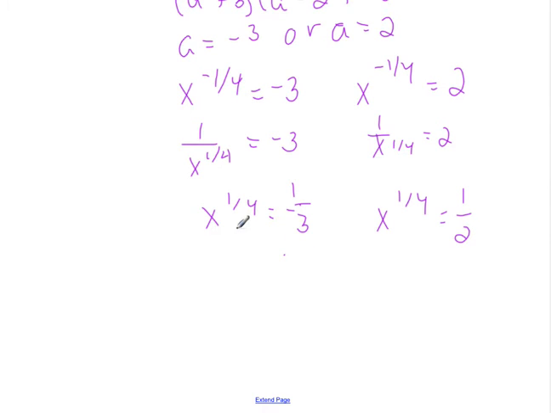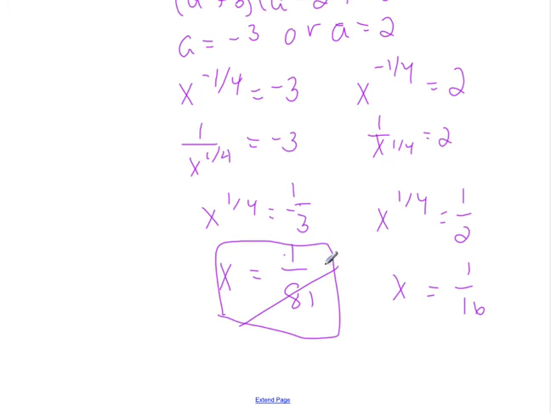Now I'm going to raise both sides to the 4th power, which means that I get x equals 1 over 3 to the 4th, 81, or x equals 1 over 16. Now, this answer right here is going to be extraneous.